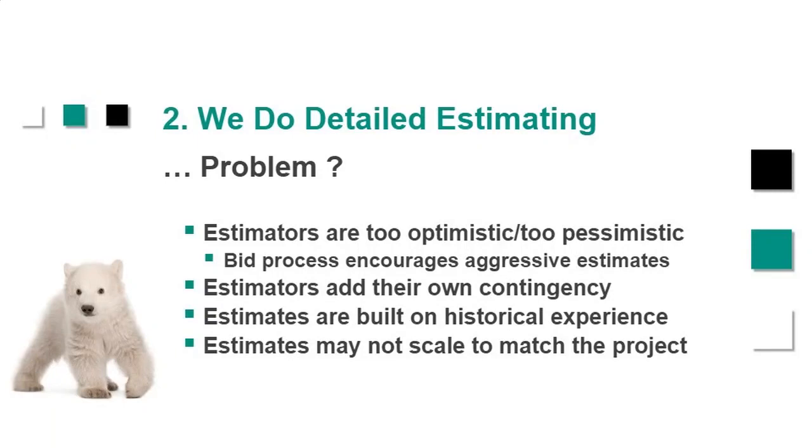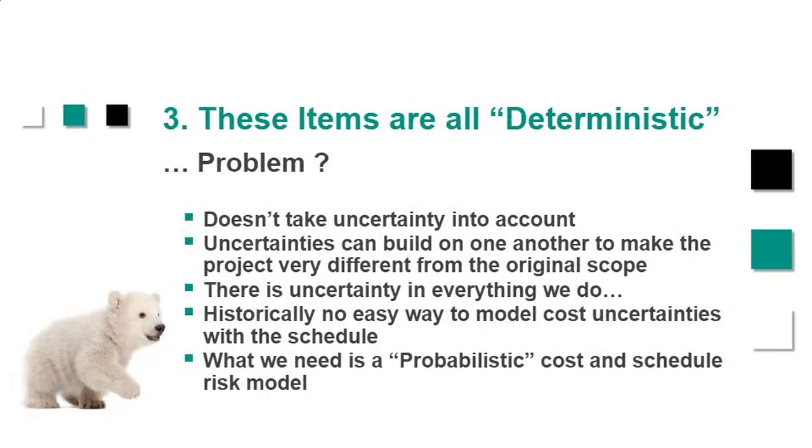Sometimes estimates are built on historical experience that isn't right, or maybe they're built on a project that doesn't scale to this project. So maybe the estimate project was larger or smaller than this project, and somebody's just scaled the costs, and it just doesn't line up the same way. So these items are all called deterministic.